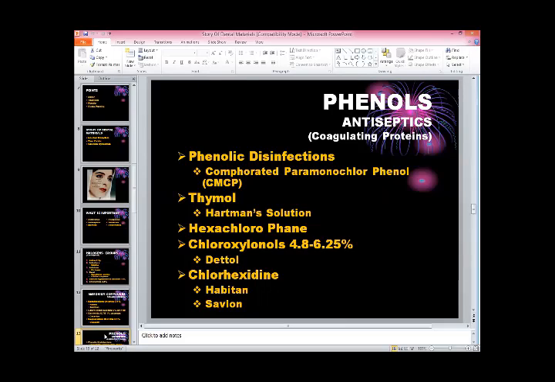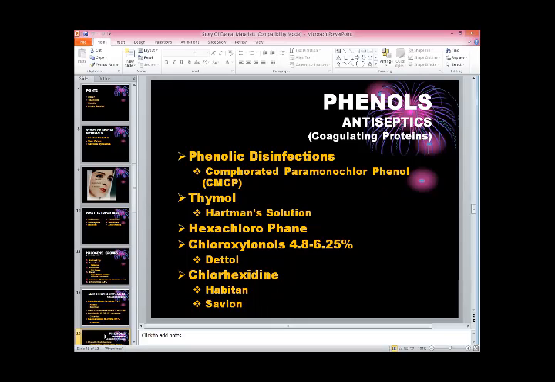We can use all these compounds to disinfect the mouth, the cloth, the instruments, everything. And its property of coagulating the proteinous material is very helpful for us. That coagulation helps us to stop bleeding and exudation in the cavity.